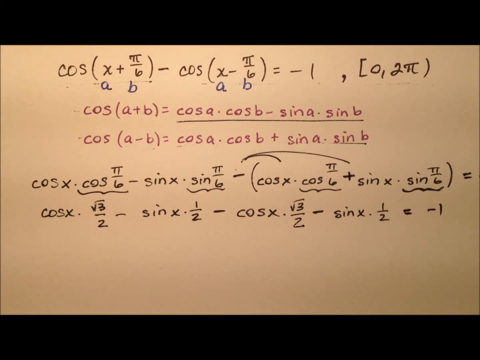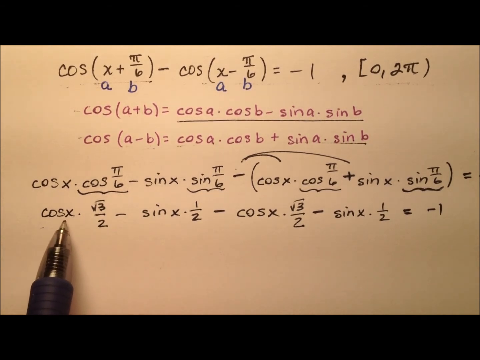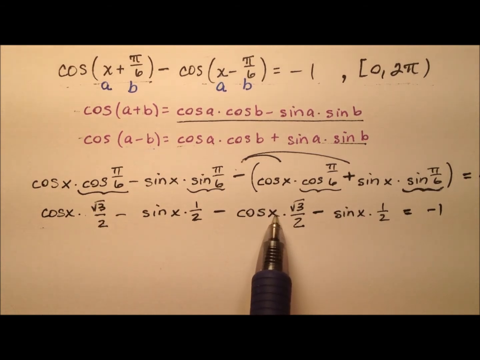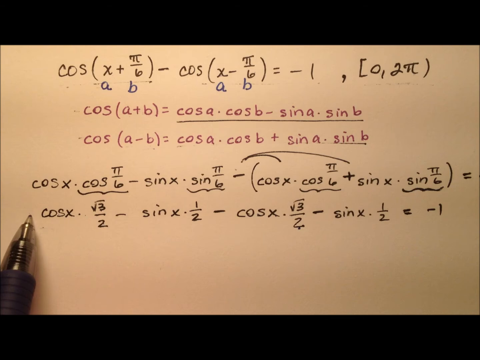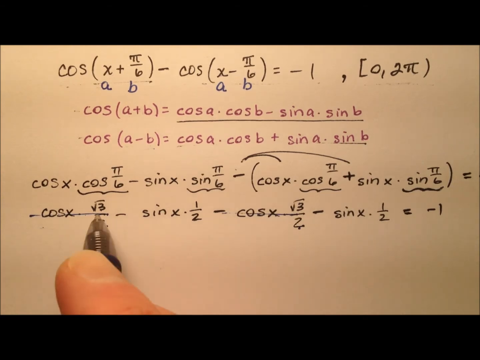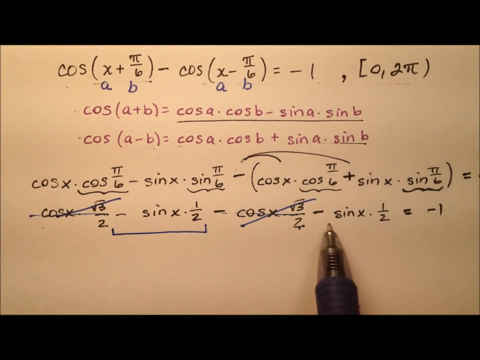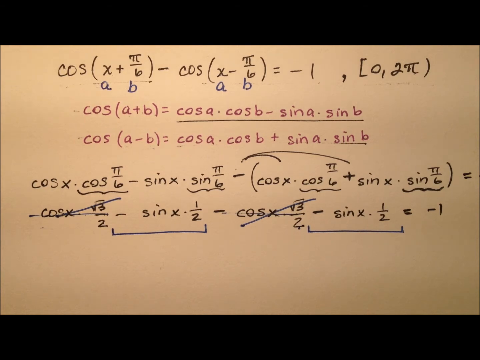Well, you'll notice some interesting things here right off the bat. We have a lot of commonalities in these terms. Here we have cosine x times square root of 3 over 2, and here we have cosine x times the square root of 3 over 2. This one's positive, this one's negative, so they cancel out. That's pretty nice. What's left is this guy and this guy, which once again are exactly the same.